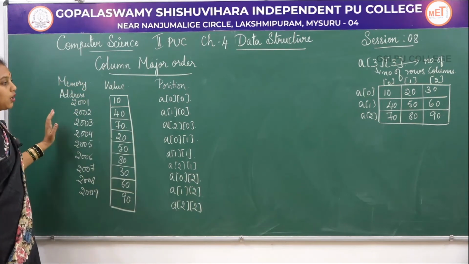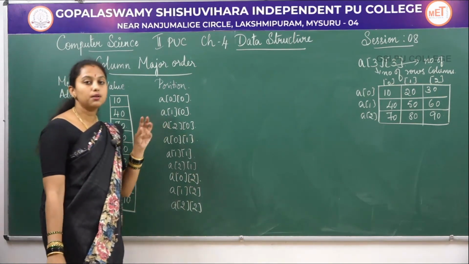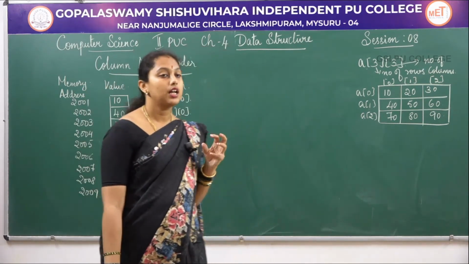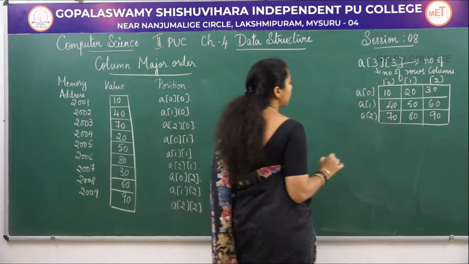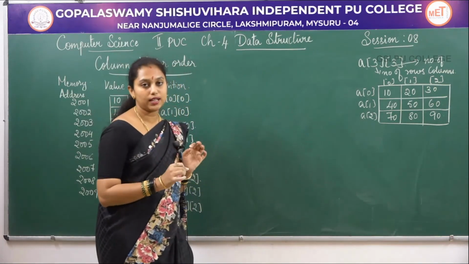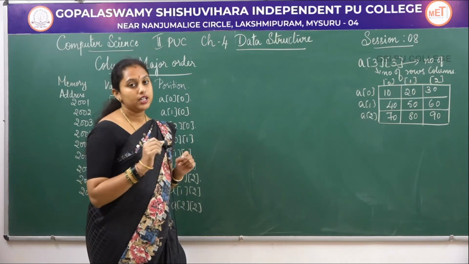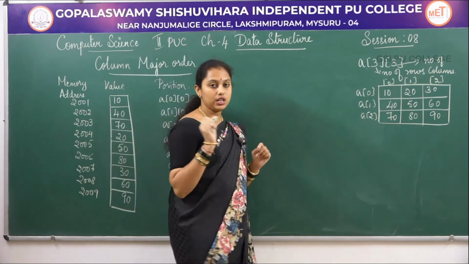Now let's see how to calculate the memory address of any element in an array. There is a formula to calculate the memory address of any element in an array using column major order.